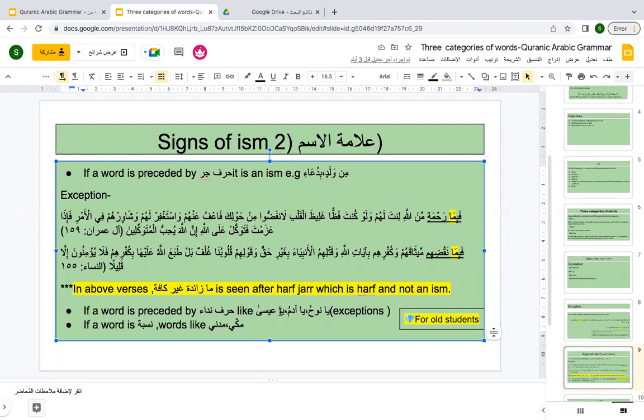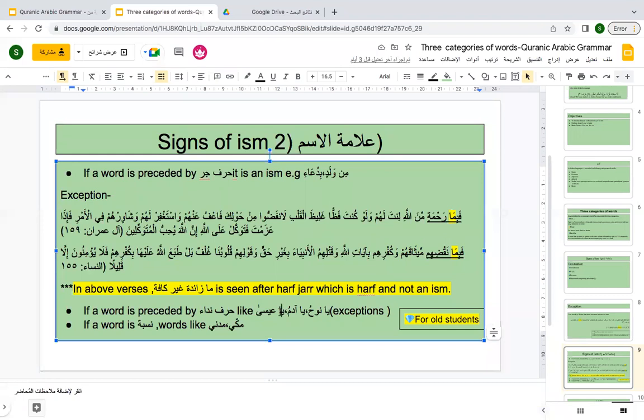And I'm just giving you a rough figure, because sometimes when we are given these numbers, it satisfies our curiosity, and it is important sometimes to give students a figure so that they understand what my chances are if I say that this word is an ism and my answer is going to be right.